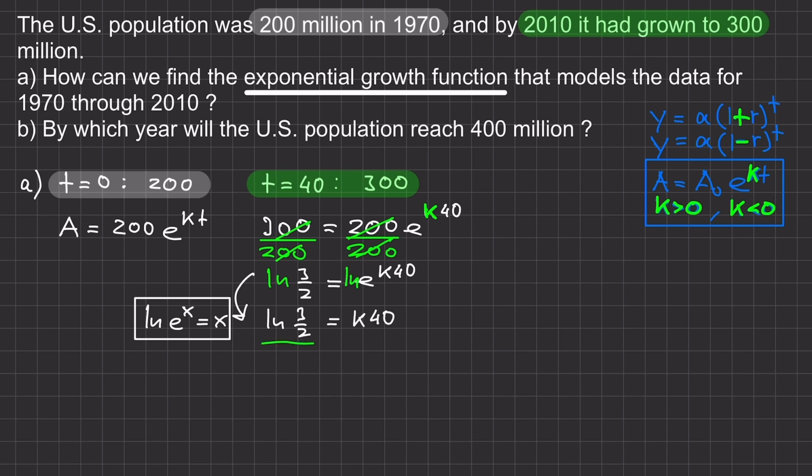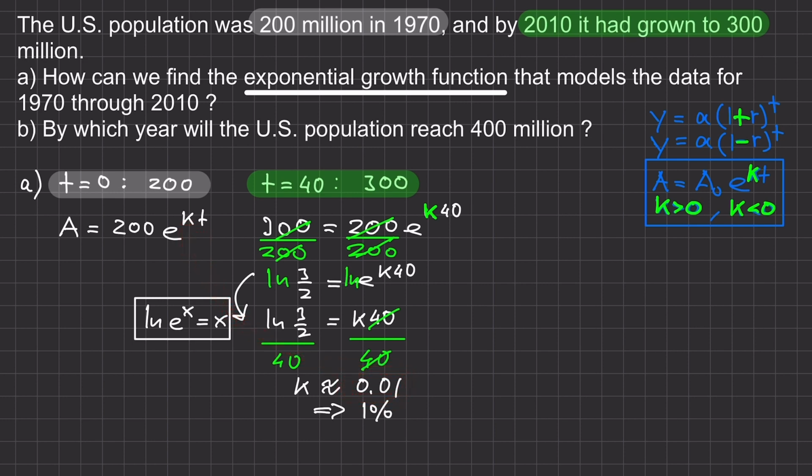And after dividing by 40 and using the calculator, we get approximately 0.01 for the value of k. This indicates a growth rate of about 1%. The last step to get the growth function is to substitute 0.01 for k in the growth model.